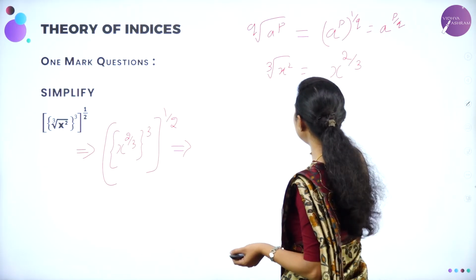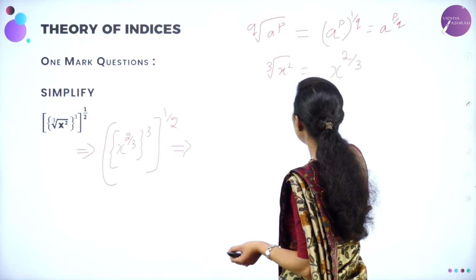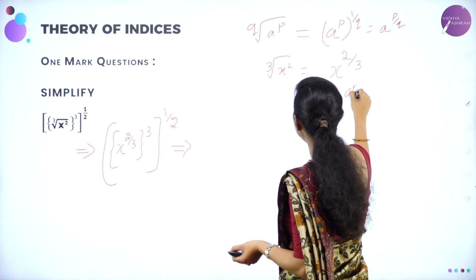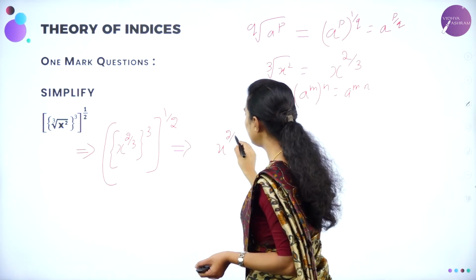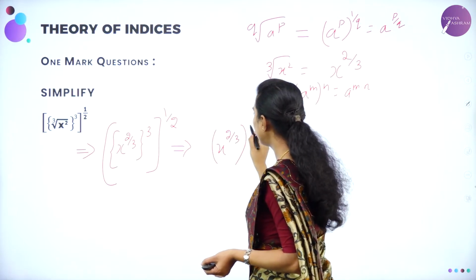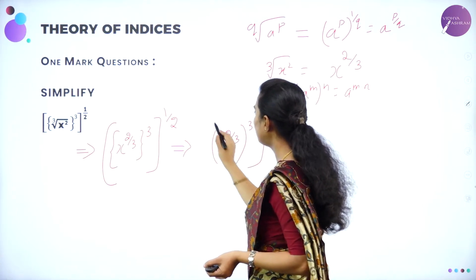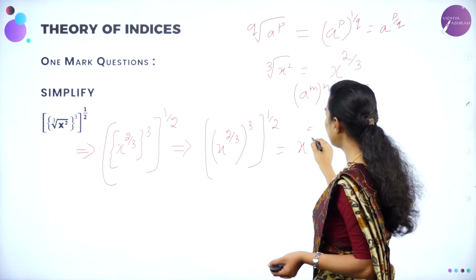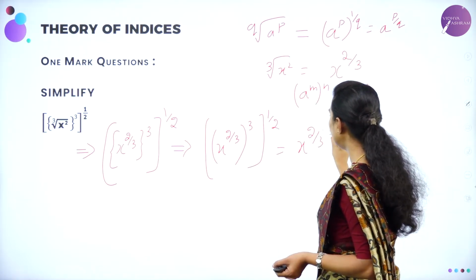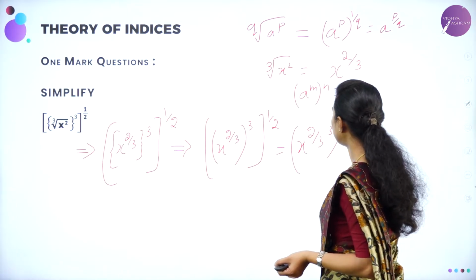Therefore you have the formula a power m whole power n is a power m into n. So x to the power of 2/3, whole to the power of 3, whole to the power of 1/2 will be x to the power of (2/3 into 3), whole to the power of 1/2.